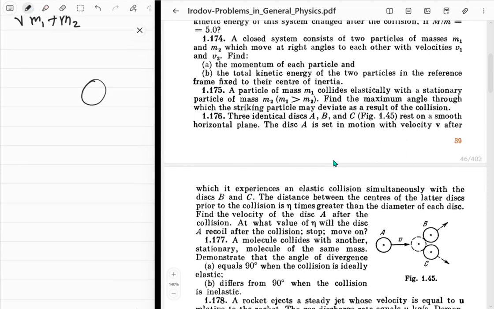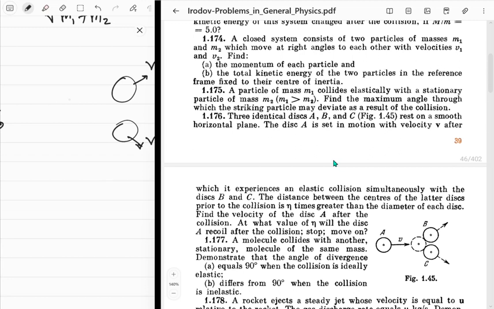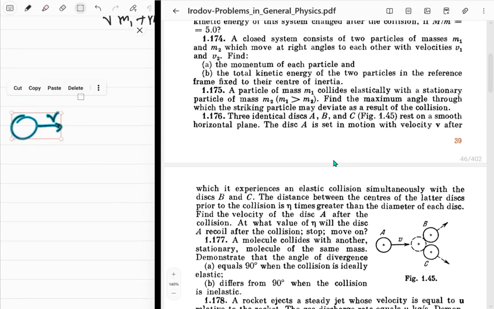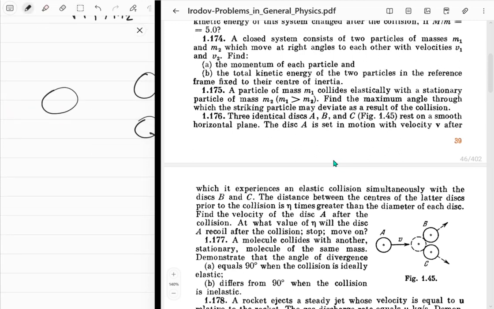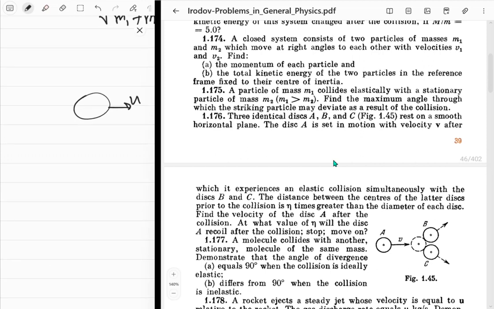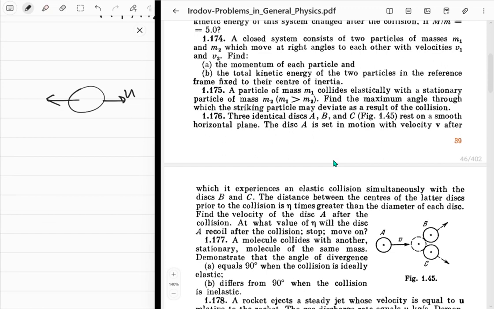Actually, let's not use momentum directly, but instead use momentum upon the mass. So if this gains velocity v and this gains velocity v, you need to figure out what velocity this will gain. It originally was moving with u, and now it's going to gain some other velocity. What will that be? You use trigonometry for that. The distance between them is eta times bigger than the diameter, so this half of the distance will be eta upon 2.